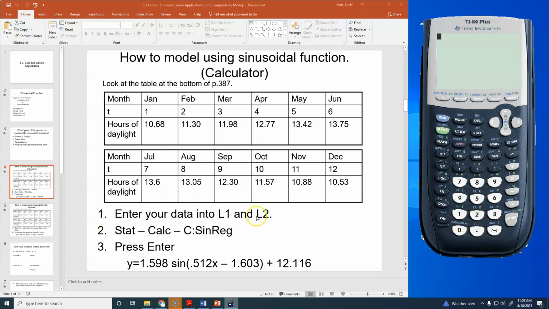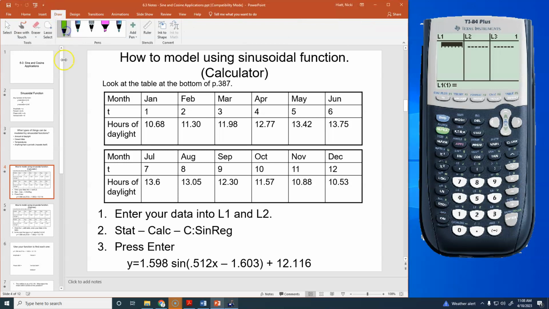So to do this on the calculator, to get to L1 and L2, you're going to press Stat, which is the button right here, two over from the green button. And then you want to hit Enter for Edit. So let me write that down there, because it's Stat and then Edit.